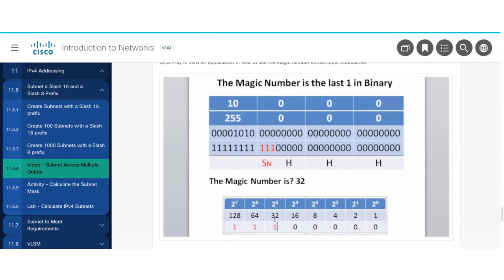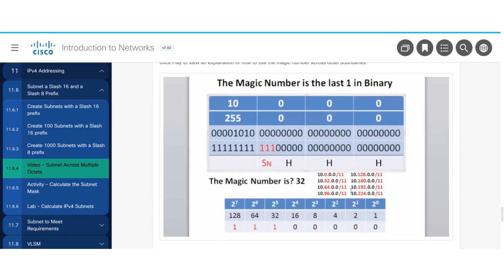So the networks will go up by 32. So the networks are the 10.0, 32, 64, 96, and they're going up by 32, but in the second octet. The only difference is now we have a lot more host addresses. We have 21 zeros for hosts, which means there's over 2 million hosts per subnet.